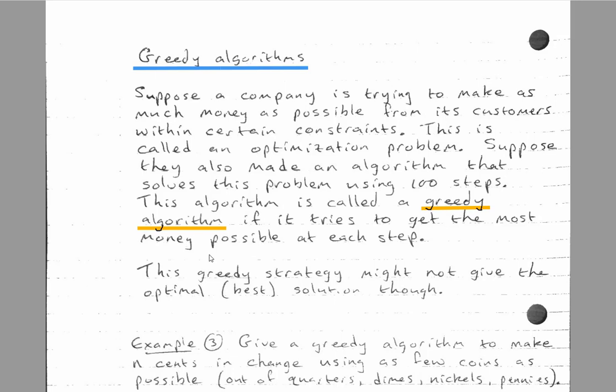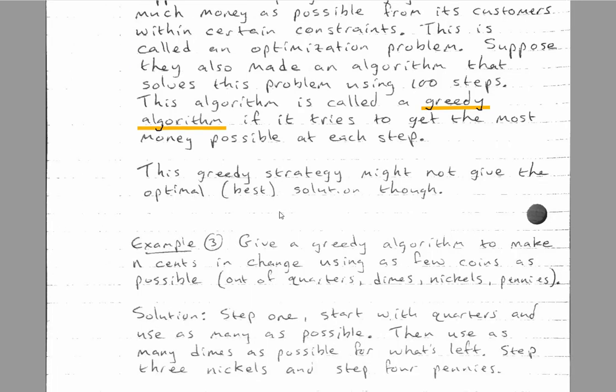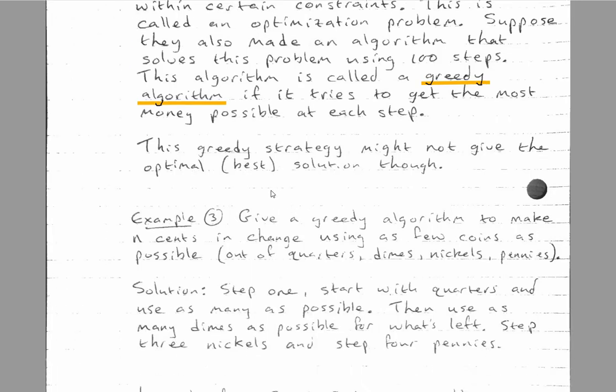This kind of greedy algorithm might not give the very best solution, but it's going to give you some kind of solution. You're trying to improve your profits here. Let's see an example.